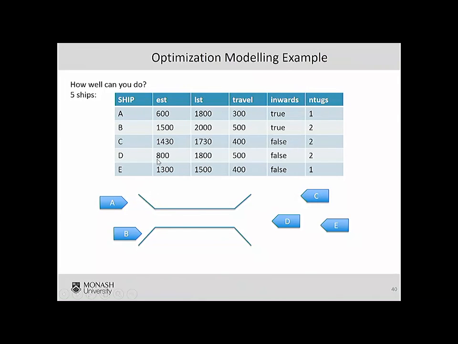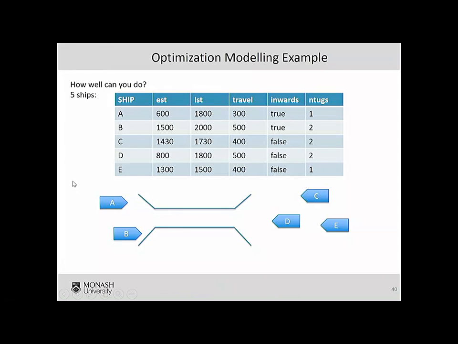And D, well, D can go at 800, but hang on, if it goes at 800, it's going to hit, because they go in opposite directions. So it's going to have to wait till at least 910. So we've got to wait 10 minutes until A leaves. So at 910, we could move D this way. And it starts at 910 and it takes 500, so it'd be out by 1410.